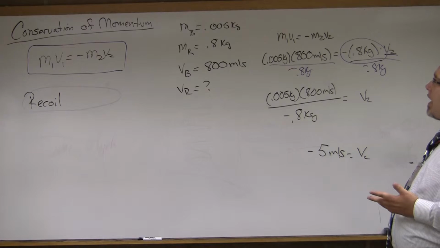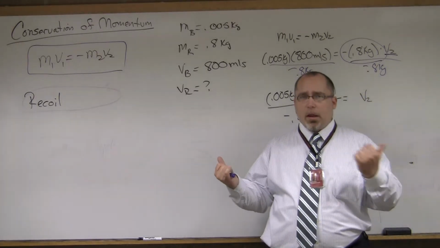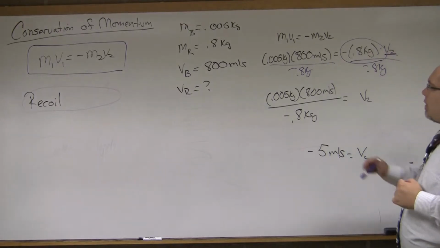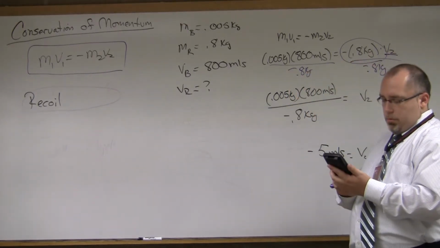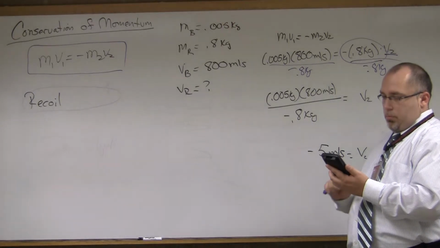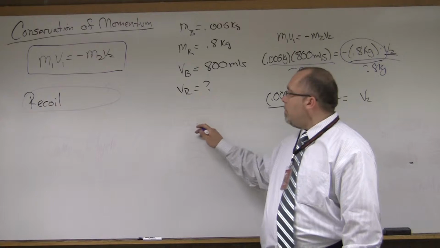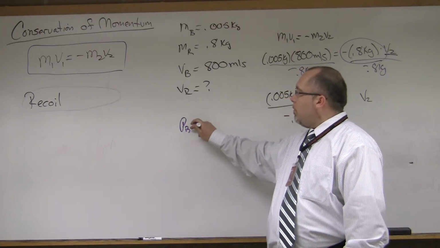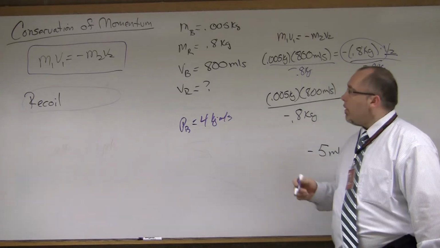So as a recap here, the momentum of the objects after the collision going in opposite directions is the same. In fact, let's check that. If we take 0.005 times 800, we get 4. So basically the momentum of the bullet is 4 kilogram meters per second. Let's double check our work here.